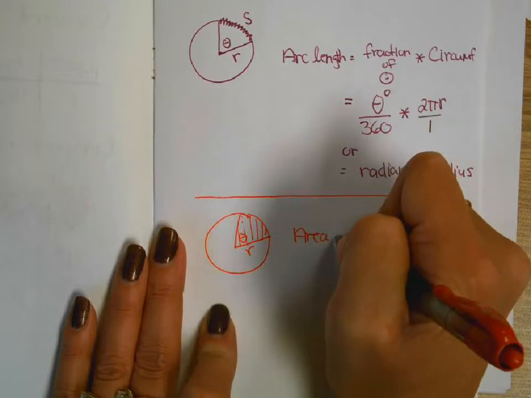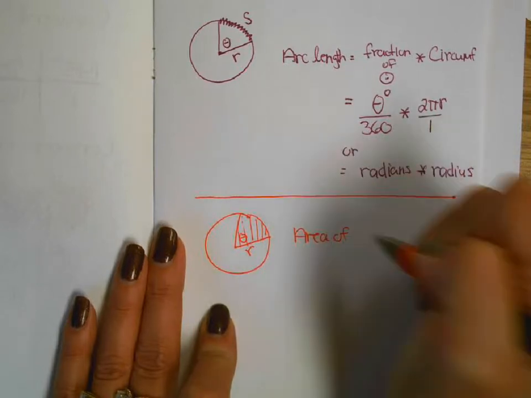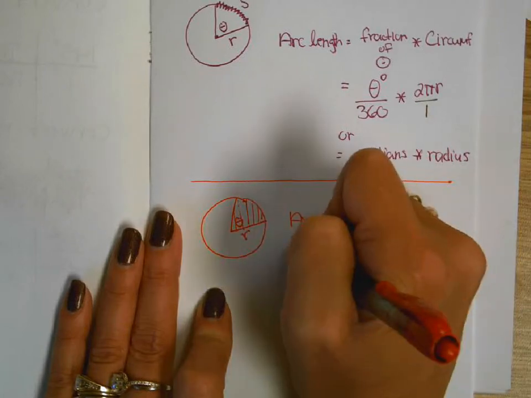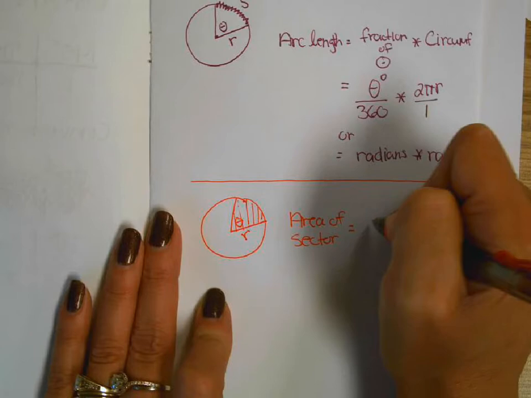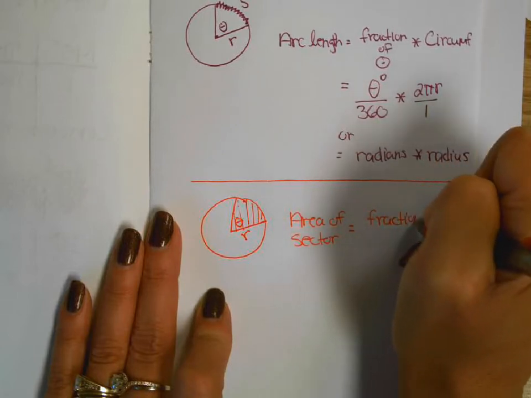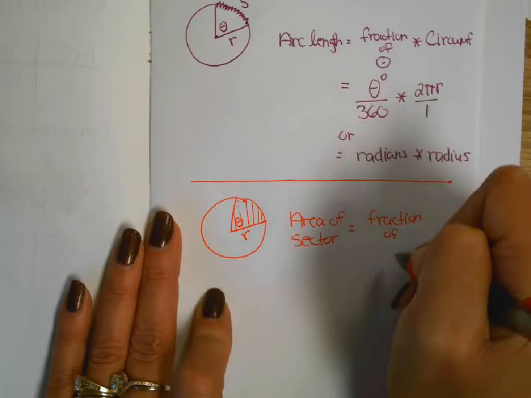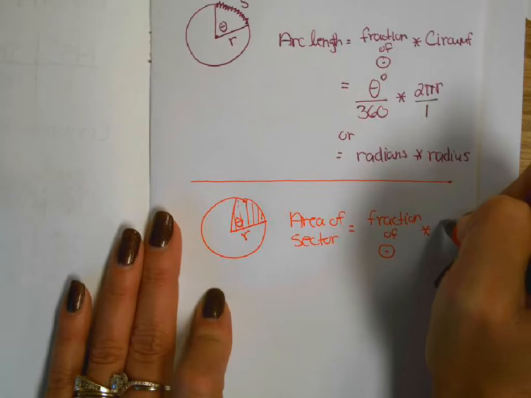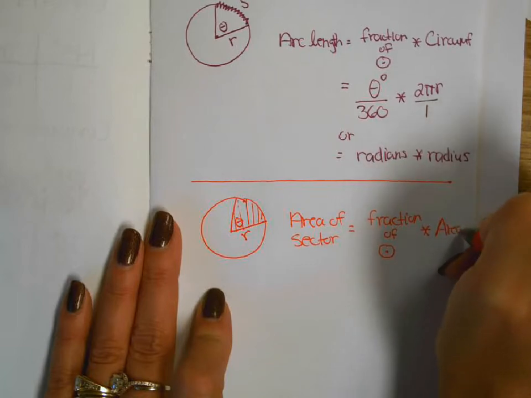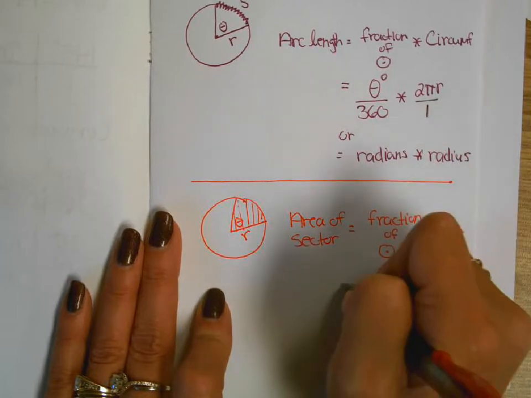Area of sector equals fraction of circle multiplied by area of circle.